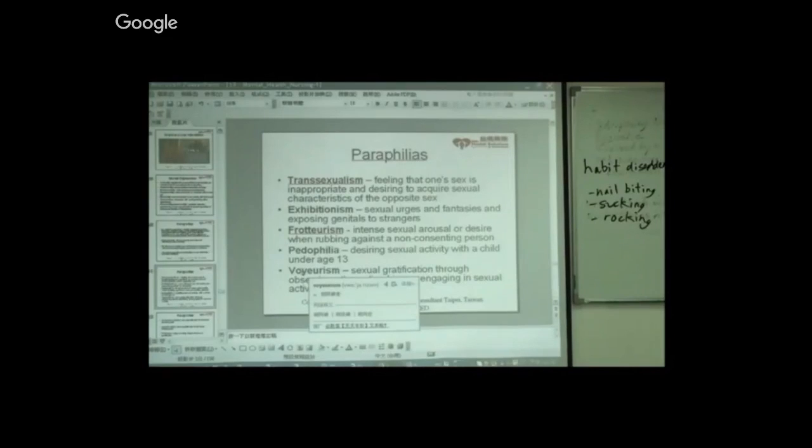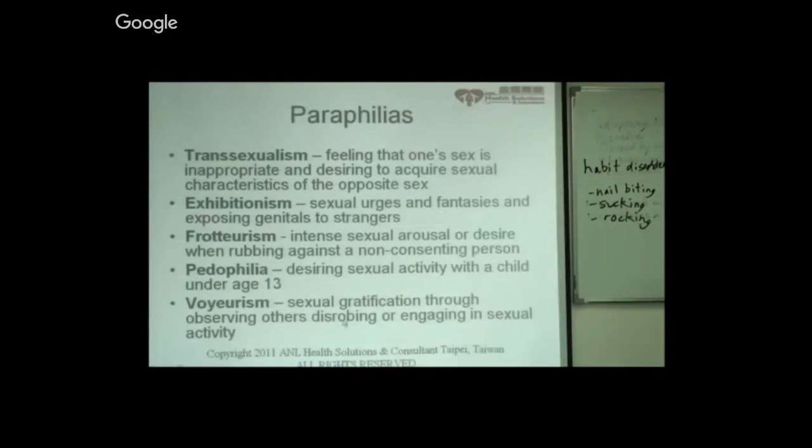They just want to look at naked people. Voyeurism, sexual gratification through observing others disrobing. Disrobing means removing the clothes, or engaging in sexual activity.